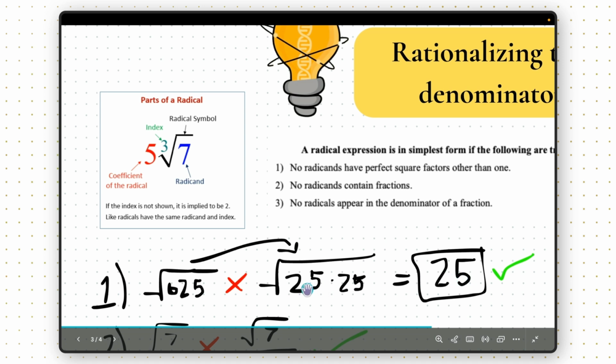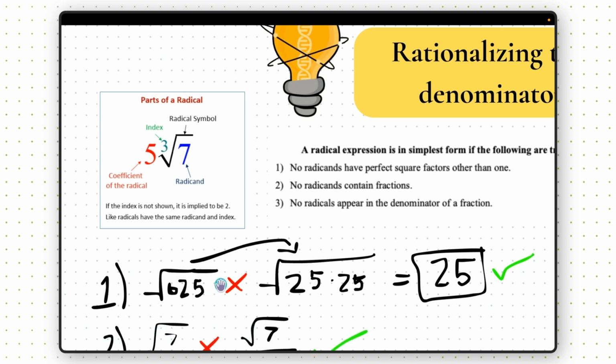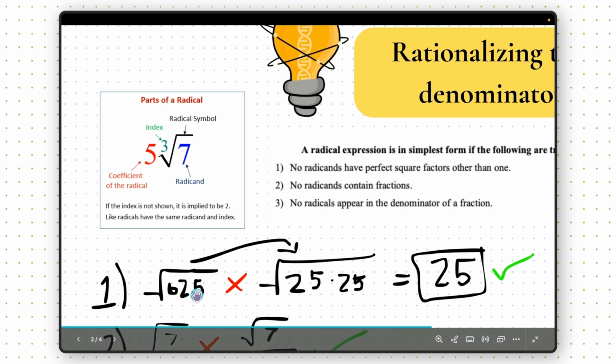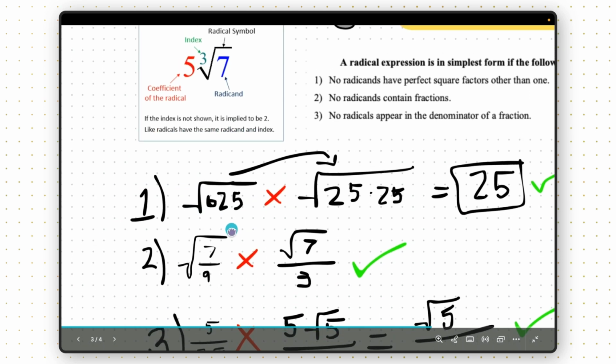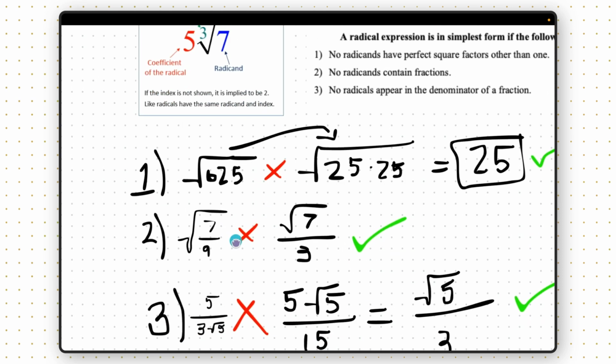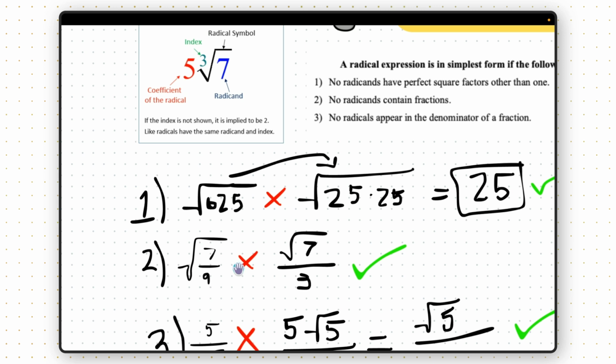So even if this wasn't a perfect square number like 625 is, we can still use our product rule to split them and make sure that nothing in the square root sign is a perfect square other than 1.